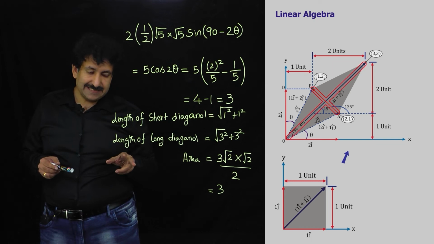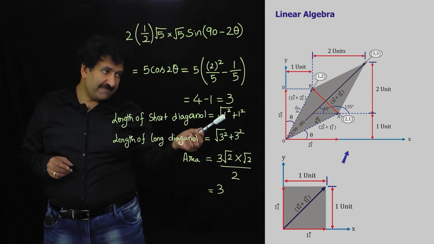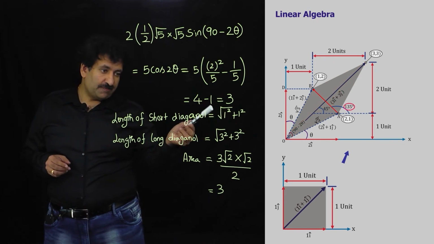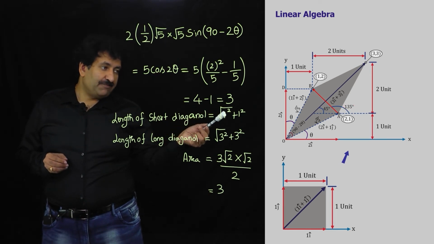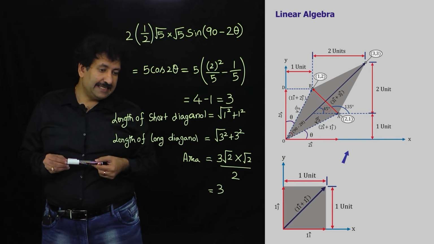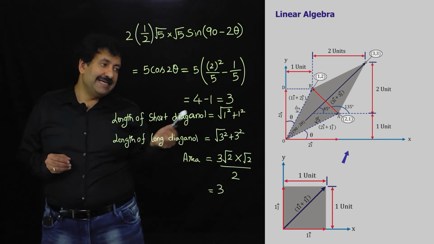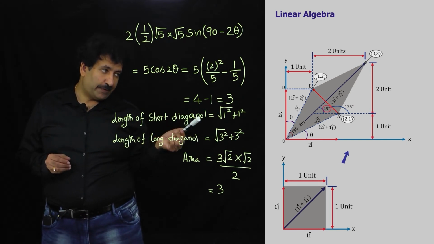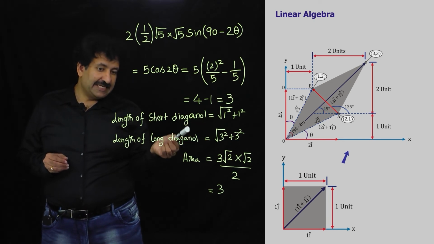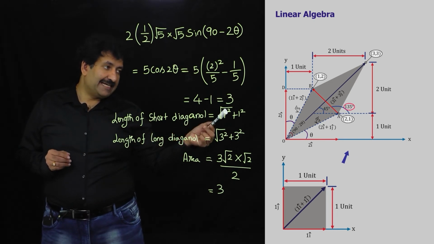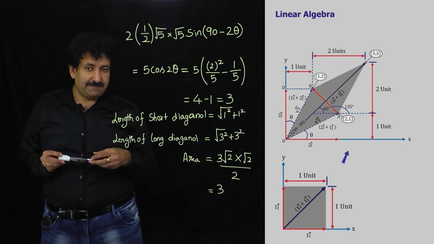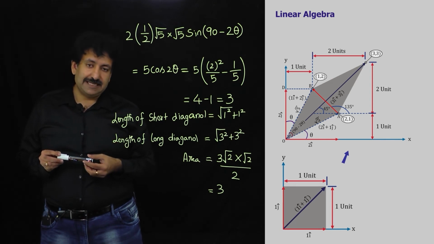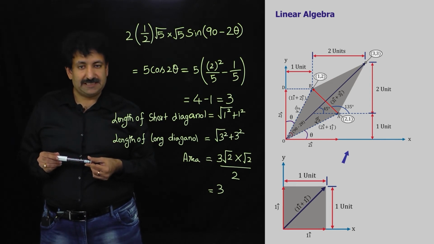You can also incidentally verify that the slope of the short diagonal is tan 135, that is minus 1, and the slope of the long diagonal is 1, that is, it makes an angle 45 degree to the x-axis, whereas the short diagonal makes an angle 135 degree with respect to the x-axis. Let's try and interpret them a little later, but for now let's move on with the vector method.